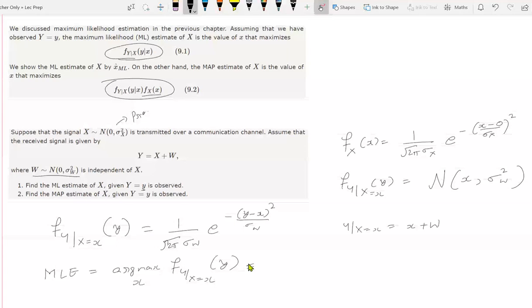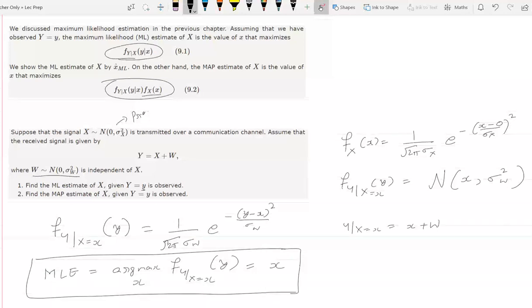When x is equal to y, because it's e raised to negative, so the highest probability this can achieve is from y equal to x. So this is equal to y. That is the maximum likelihood estimate.